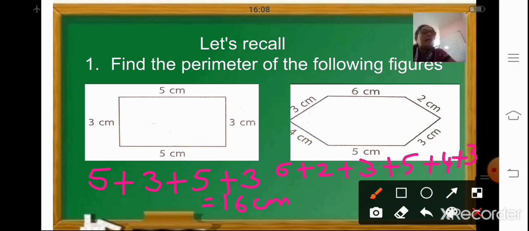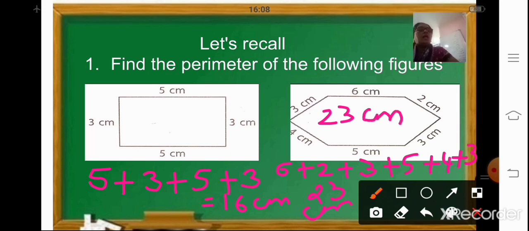So when we add, that will be 6 plus 2 is 8, 8 plus 3 is 11, 11 plus 5 is 16, 16 plus 4 is 20, and 20 plus 3 is equal to 23 centimeter. So the perimeter of this figure is 23 centimeter.